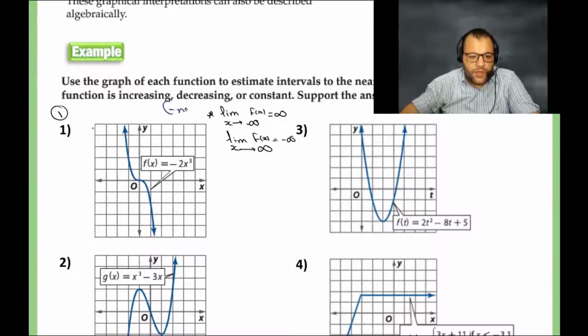Sir, can you write infinity from the left side with a negative sign? Why do you want to change anything? What's your name? Omar.